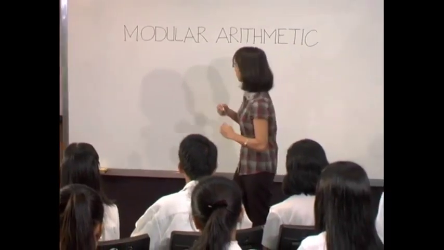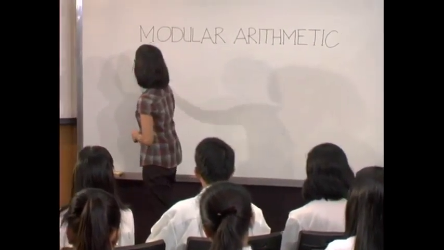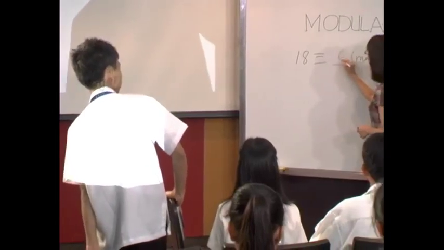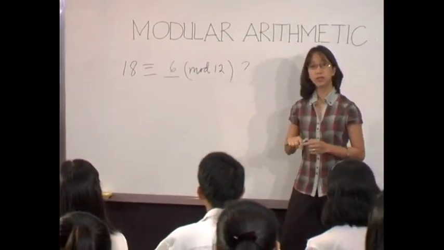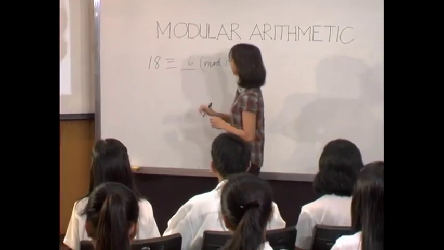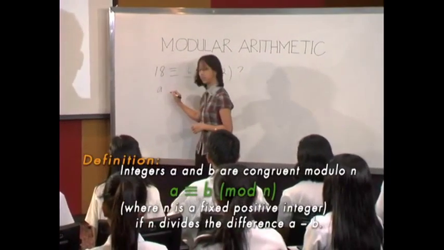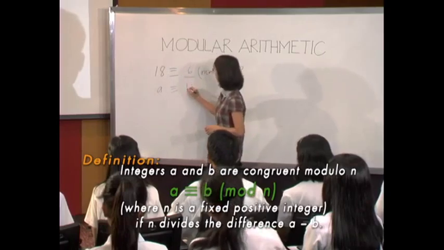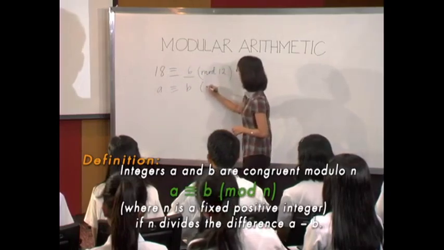So, to what number is 18 congruent in modulo 12? Yes, Ronnie? 18 is congruent to 6. Is 18 congruent to 6 modulo 12? Let's see. Using our definition, 18 is our a, 6 is our b, and 12 is our n.